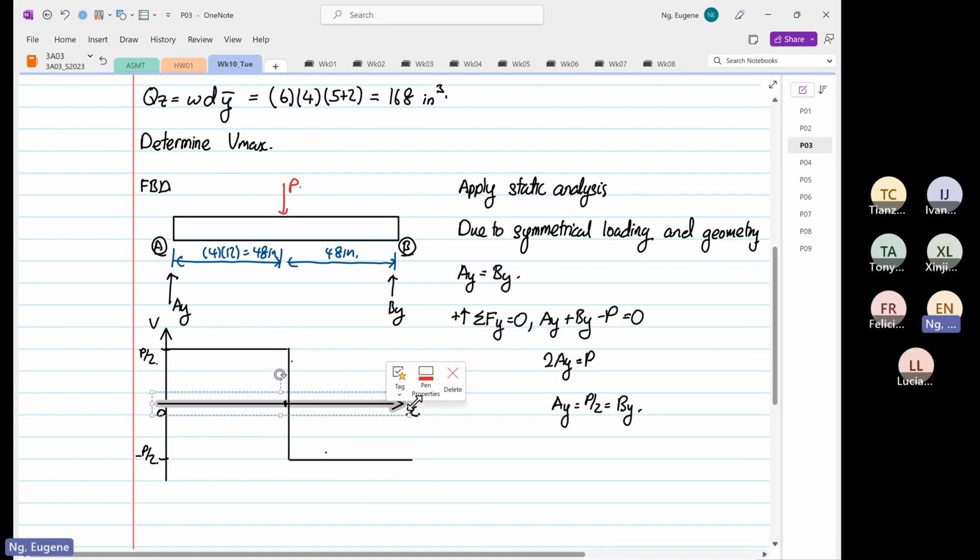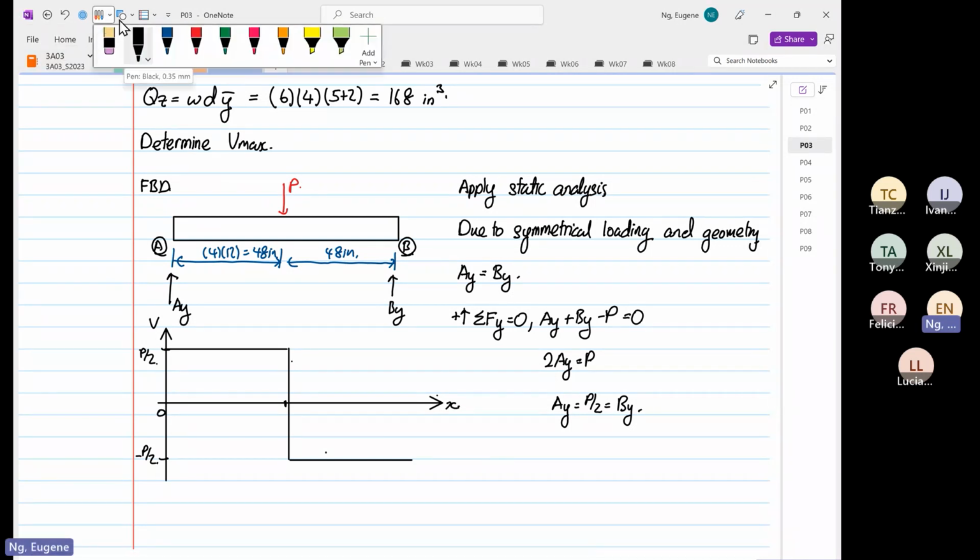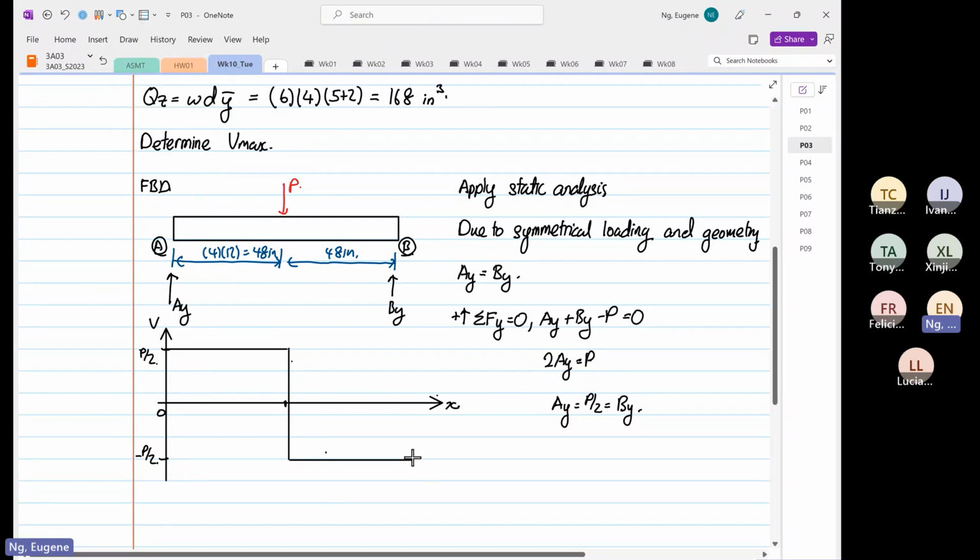I should have drawn this longer. And then from here, it goes back to our 0, so it goes back by P over 2.